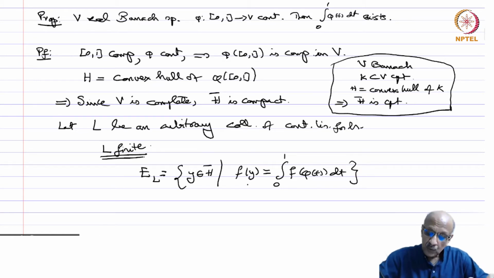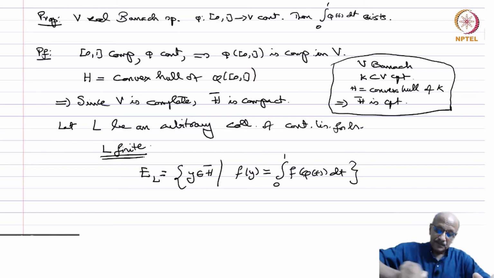So this y satisfies the condition of being the integral of phi of t, but only for a finite number of linear functionals, not for everything. So our aim is to find a y which does it for every linear functional, but we will start with this E of L. Okay, so then claim: E of L is obviously closed.